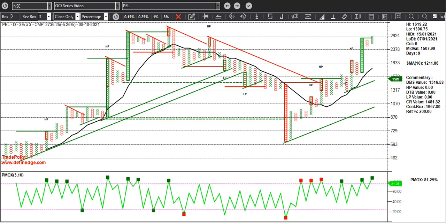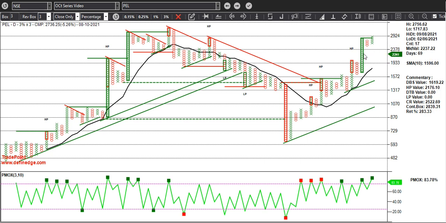Then we saw this turtle breakout. Then there was this trap. So this was even a broadening pattern. We got a buy, sell, buy, and then this was a follow through. So a bullish broadening follow through happened with this anchor column.